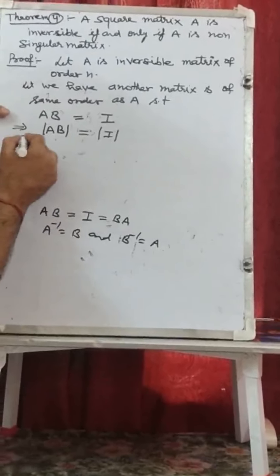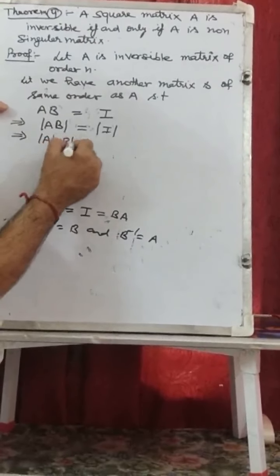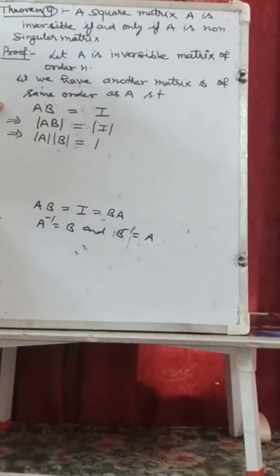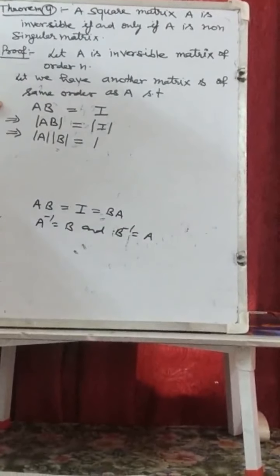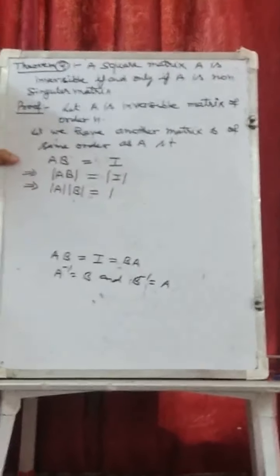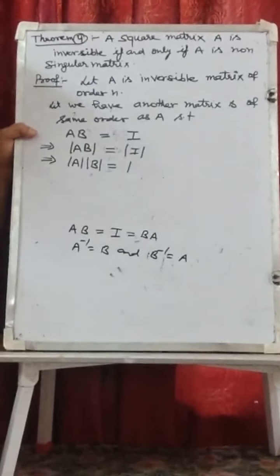This implies, with the help of the theorem we just proved, determinant of A into determinant of B is equal to 1, because the determinant of any identity matrix is 1. So what we get from here, the product of the determinants of A and B is equal to 1.